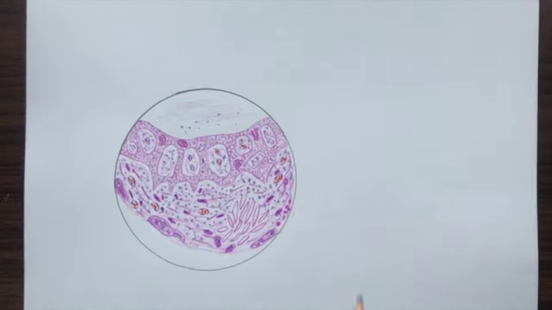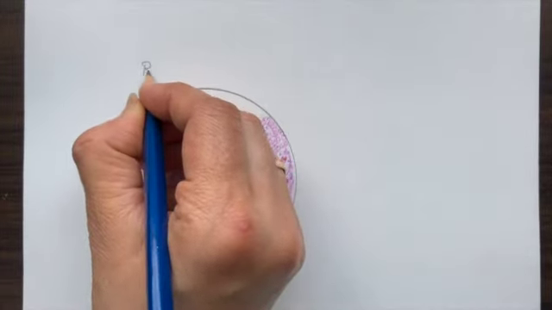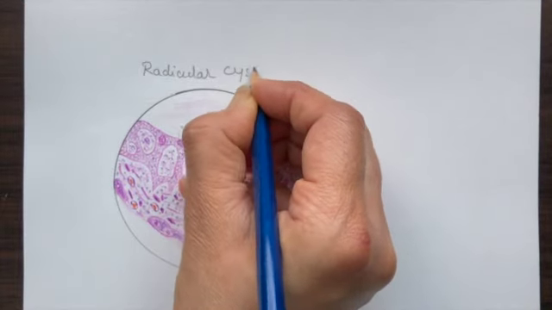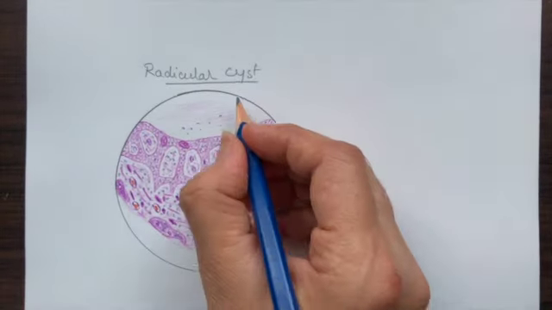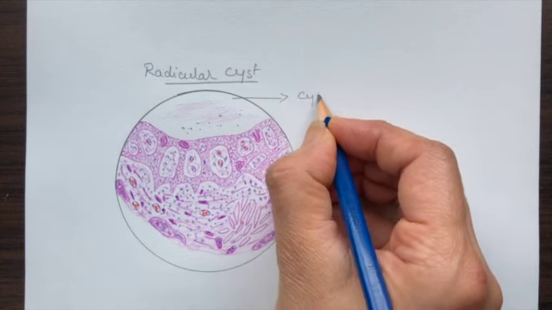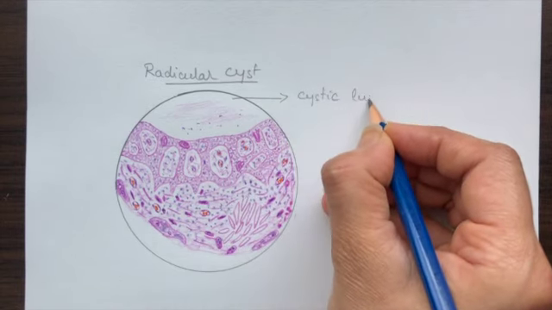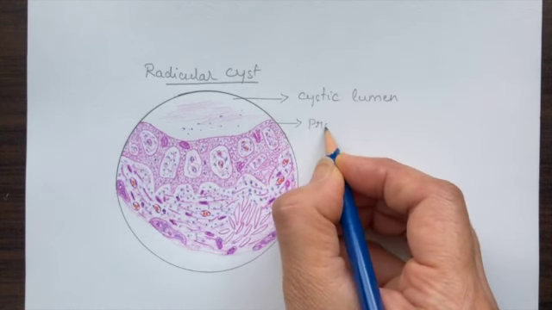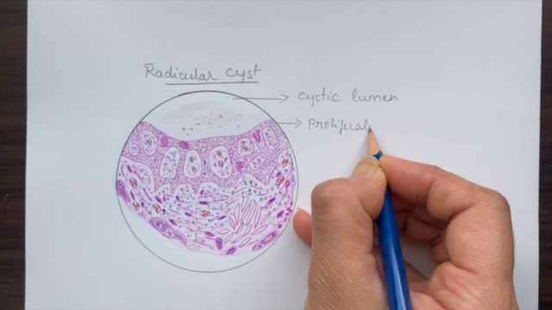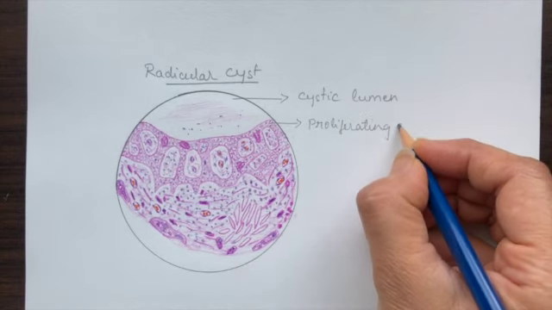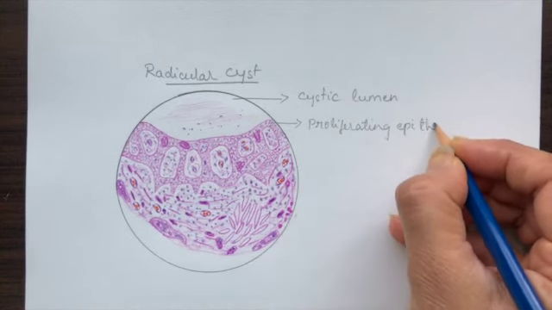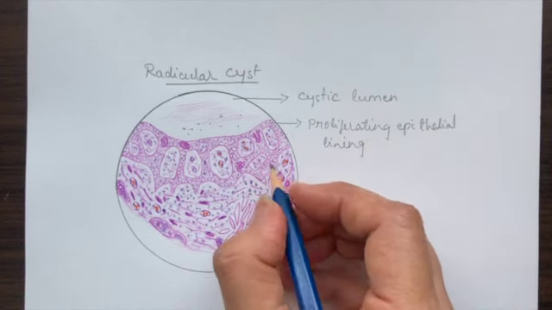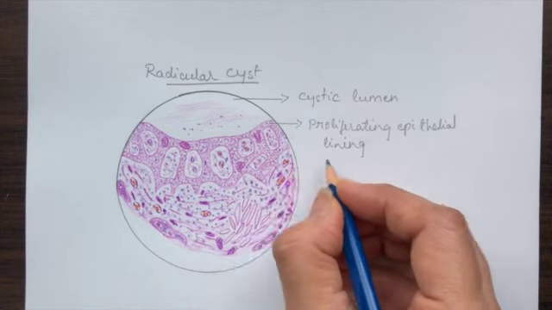So it's just that we will start labeling radicular cyst. So this is radicular cyst histopathology. This is the cystic lumen. This is the proliferating epithelial lining, showing arcading pattern.